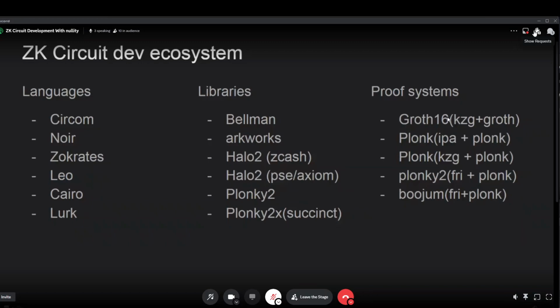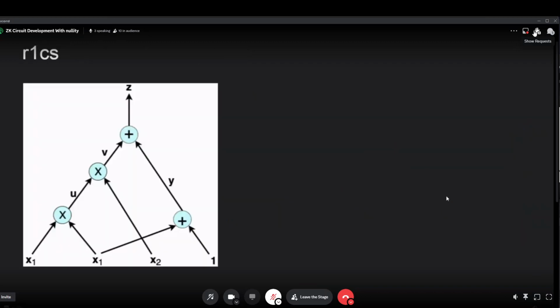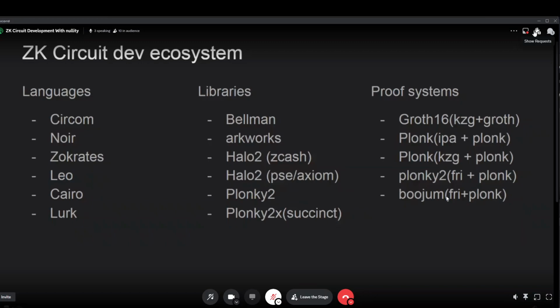There are other proof systems like Groth16, Plonky2, and Boojum, which many people will be looking into this week or for the next month, because zkSync uses Boojum, and Boojum is nothing but Plonk IOP with polynomial commitment scheme as FRI. So if you want to get into the zkSync contest, just go look at Boojum and try building circuits with Boojum. And obviously look at the EVM structure as well. So that would be my 2 cents.